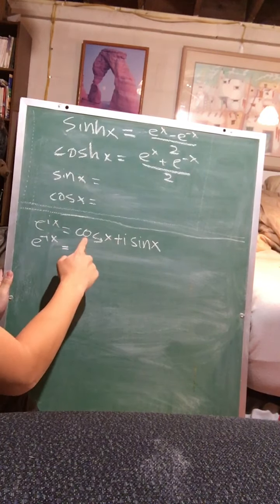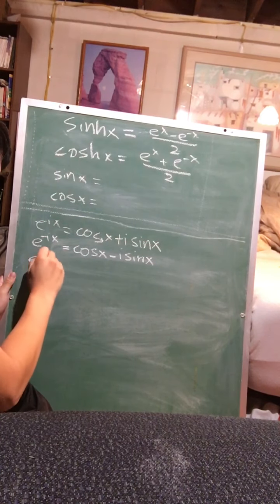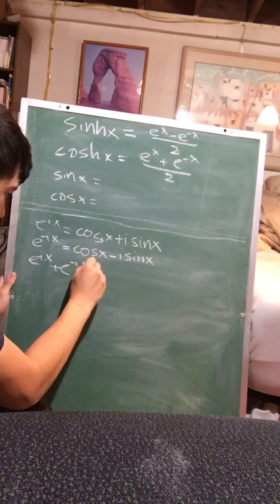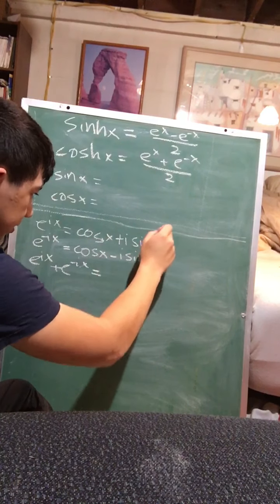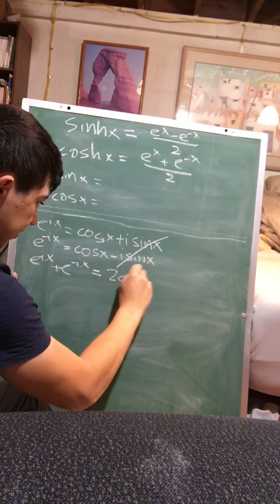Okay, so we have this here. And what I'm going to do is just add these two together. So we're going to get e to the ix plus e to the negative ix equals, well, these two are going to die, so we're going to get then 2 cosine x.